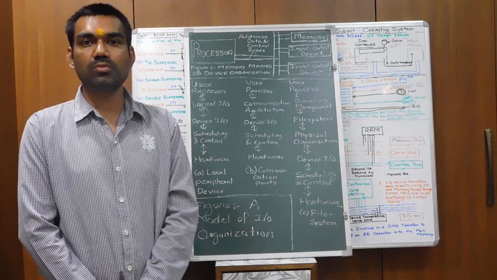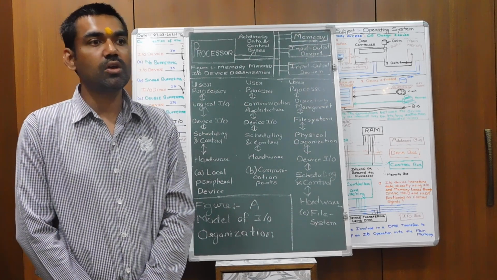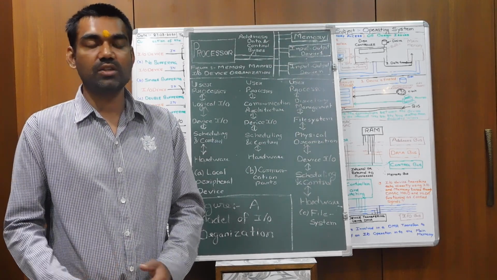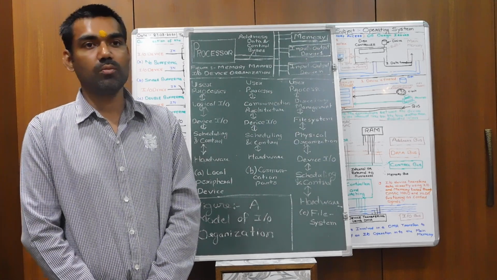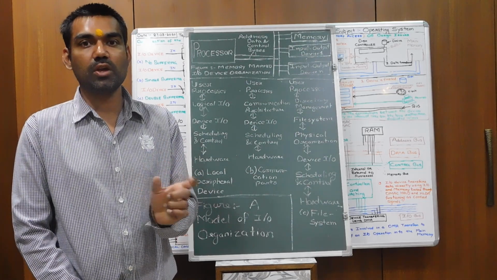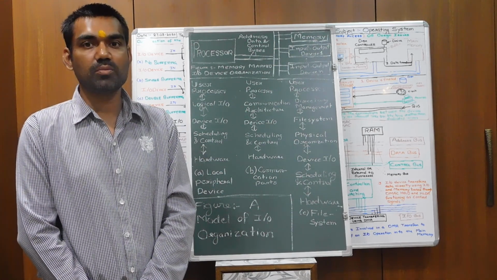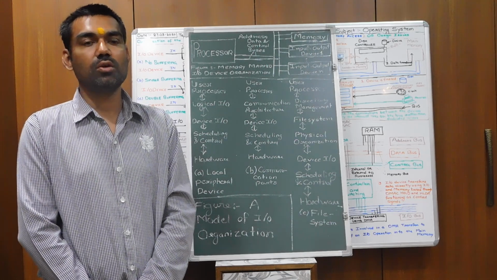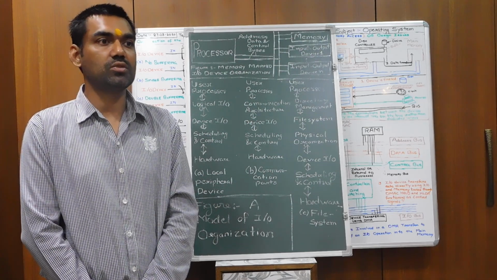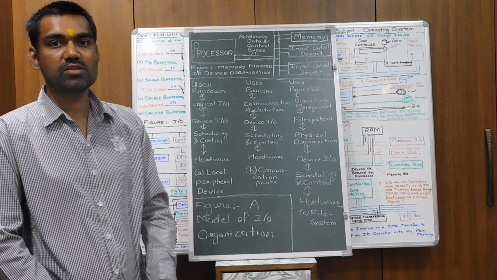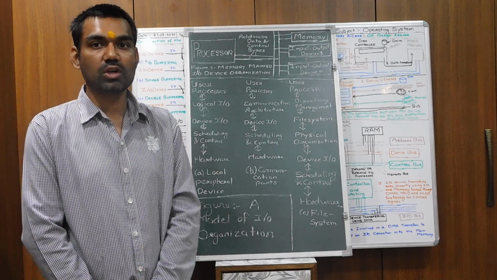There has to be a way via which the processor can communicate with the IO devices, basically the control registers, from where it will appear what operation is supposed to be performed. So there has to be some way via which this communication can take place.